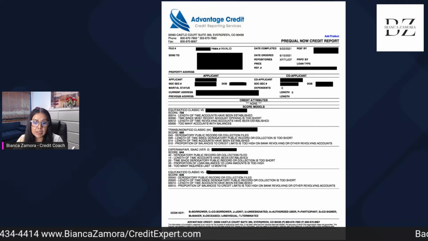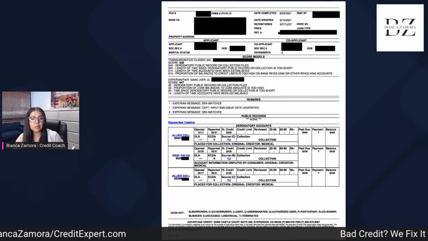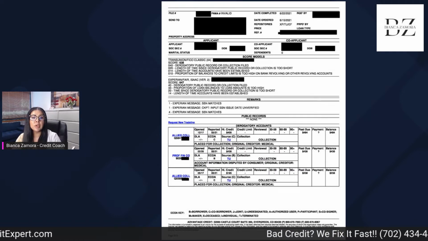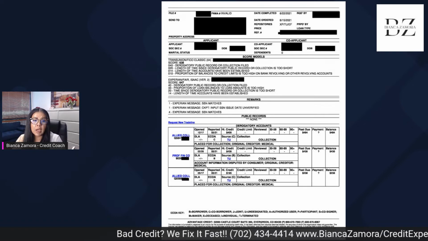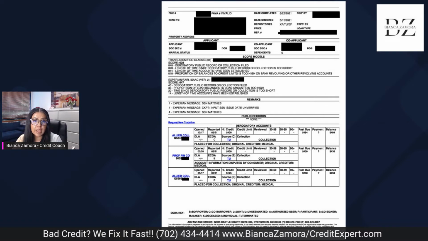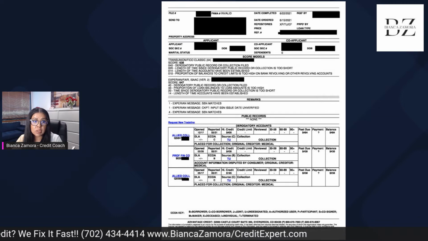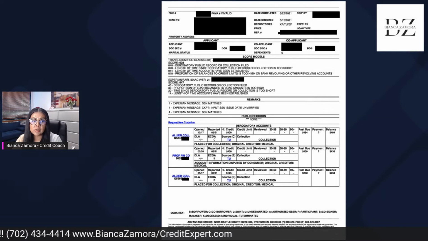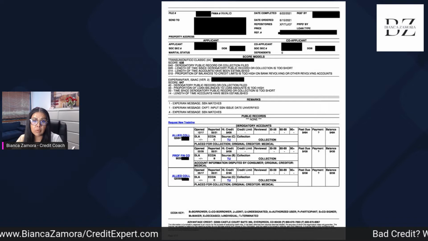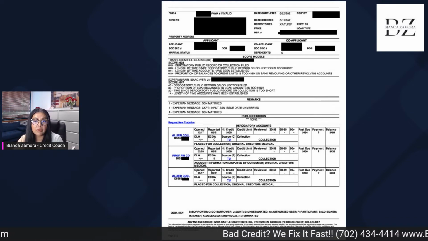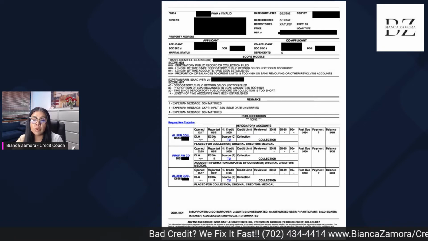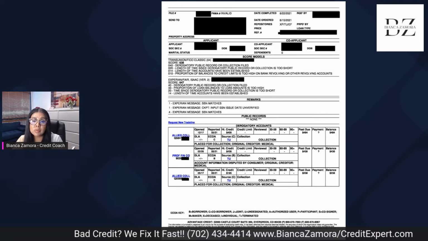Moving on to the next part of the credit report, we are going to go through a section called public records. Public records would include any bankruptcies, judgments, or tax liens. This is something that can show up on a mortgage report. I know right now bankruptcies are the only types of public records that are showing up, but on a mortgage report, they can pull in judgments and tax liens.